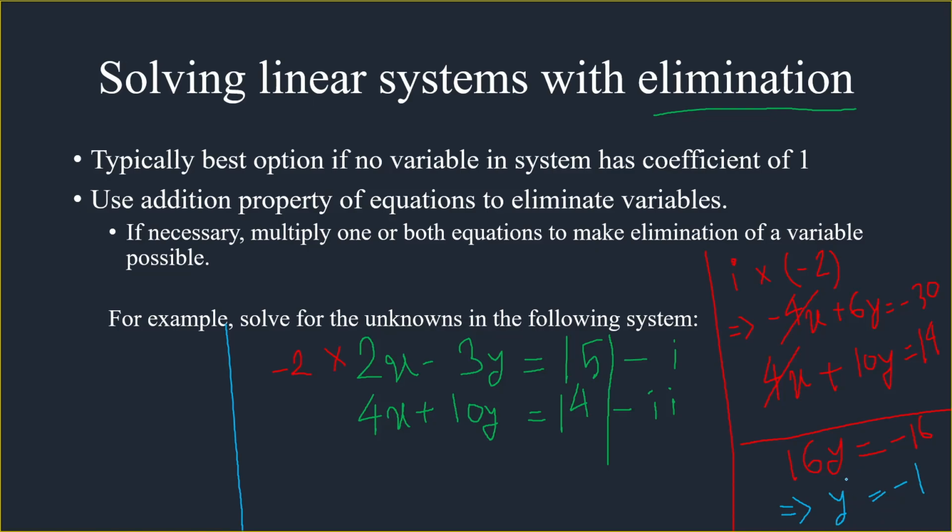So now we can put the value of y in anywhere to find the solution. Let's put it into our equation 1 or equation 2. You can put it down anywhere. Let's put our y into our equation 1.